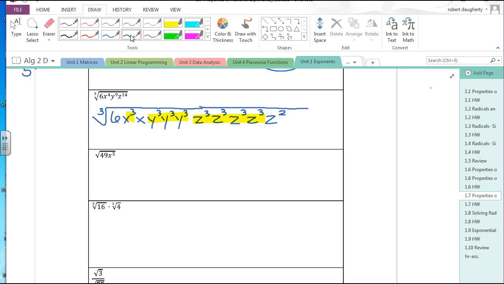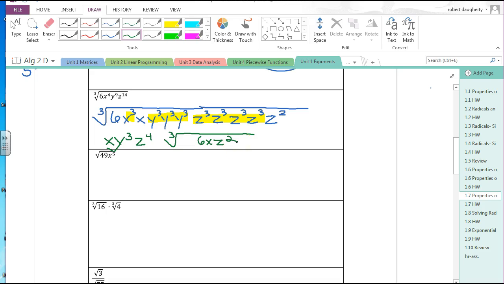So what's the cube root of x cubed? x. Cube root of y cubed. How many of them are there? There are 3 of those. Cube root of z cubed, and how many of those are there? 4. And then I'm left with the cube root of what? 6xz squared.